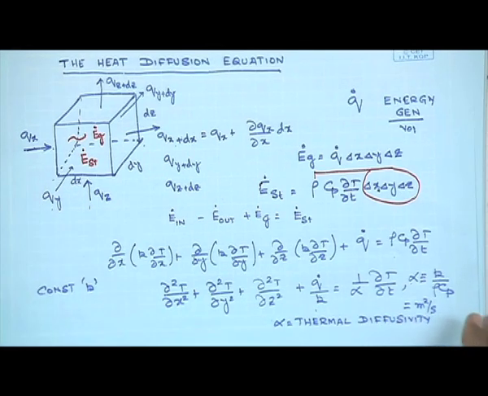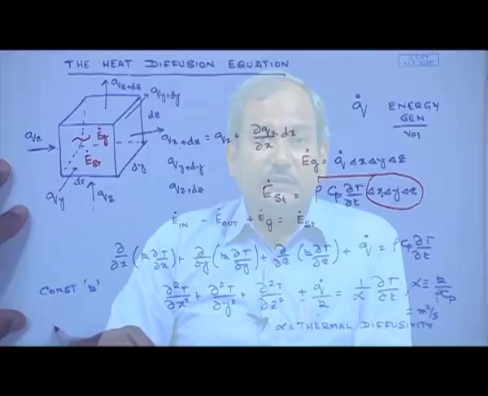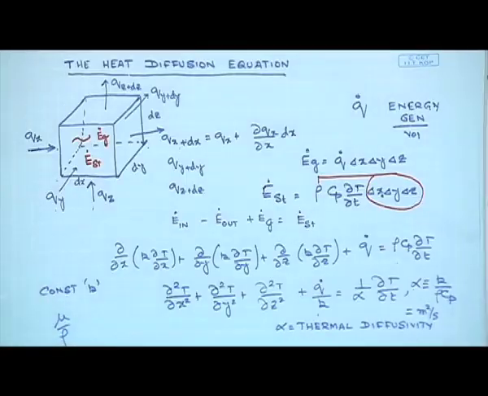When we spoke about the momentum diffusivity, which was denoted by mu by rho, the kinematic viscosity, its unit was also meter square per second. So mu by rho is sometimes called the momentum diffusivity.